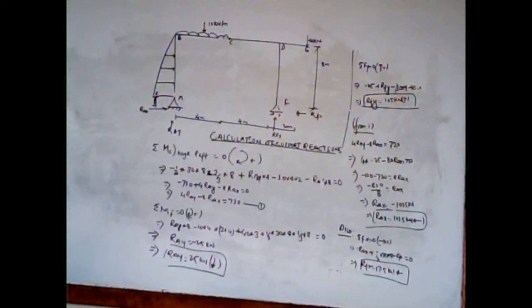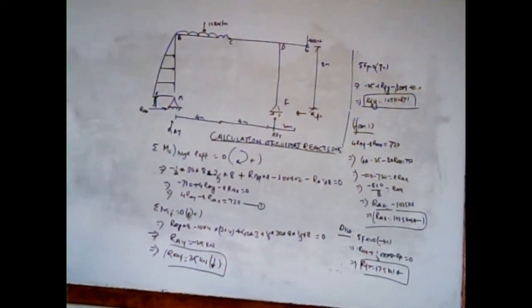So plus RAY, which is making a clockwise moment, so RAY into the perpendicular distance 4. The 10 kilonewton per meter UDL is making an anti-clockwise moment, so we have written minus 10 into 4 into 2.